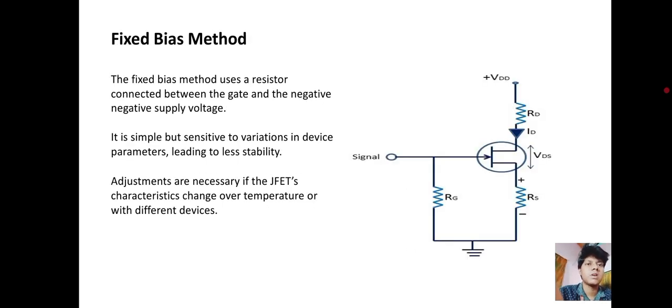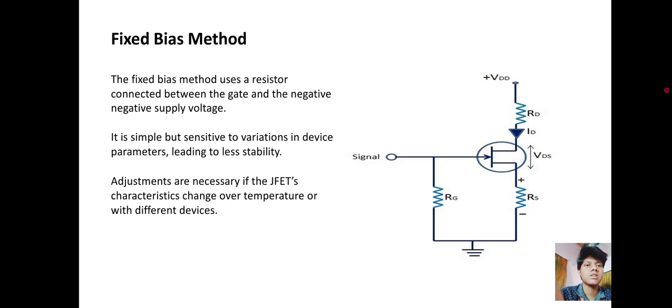Next, fixed bias method. The fixed bias method uses a resistor connected between the gate and the negative supply voltage. It is simple but sensitive to variations in device parameters, leading to less stability.